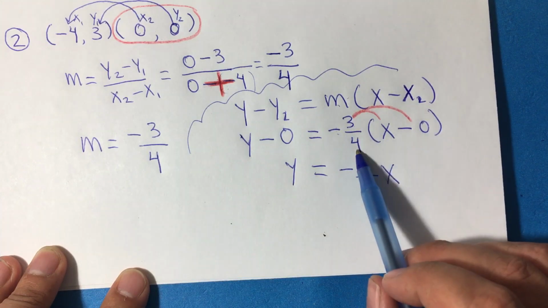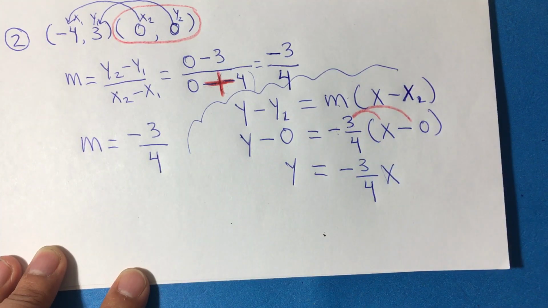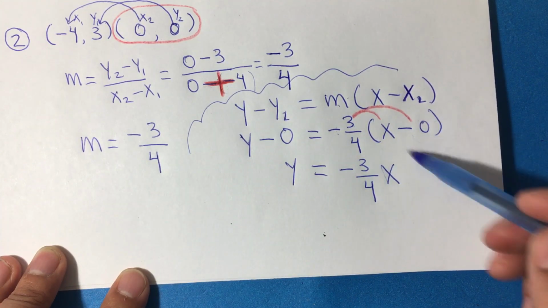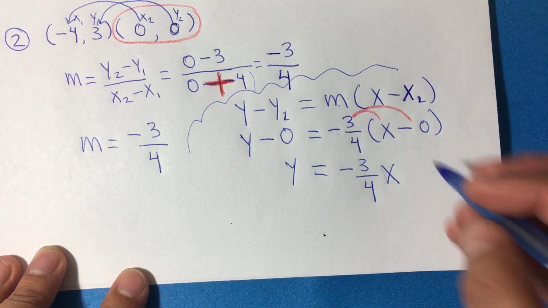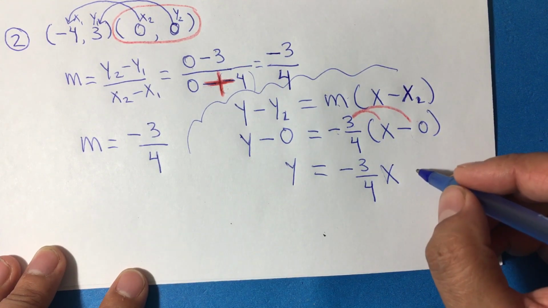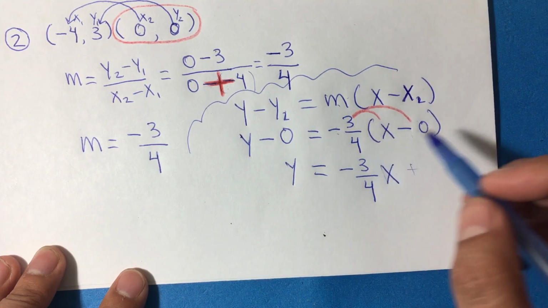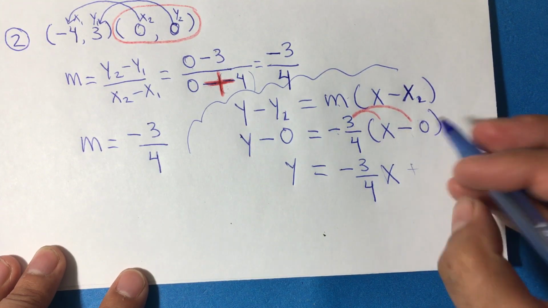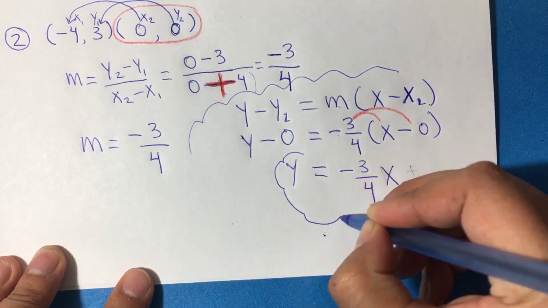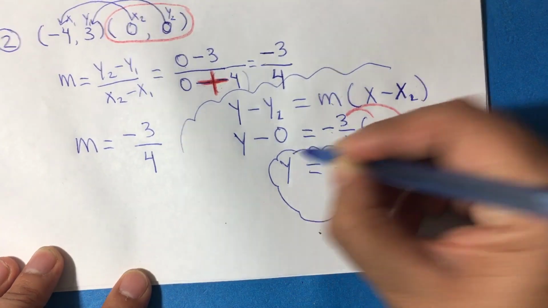And -3/4 times -0 is just 0. Anytime you multiply by a 0, your answer will be 0. And there is no need to put it. Some people will put negative times negative is positive, and 0 times 3/4 is 0. You don't need to put the 0 anymore, okay? This is just going to be your answer.